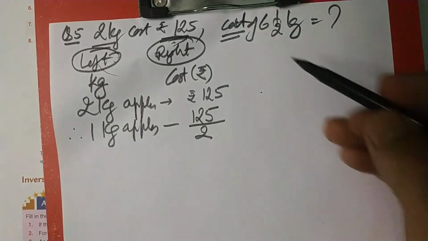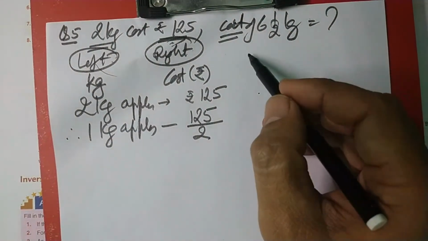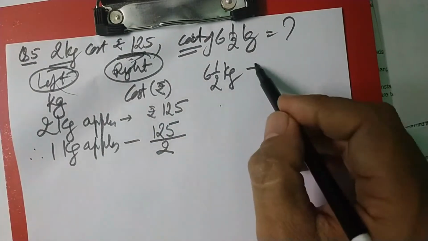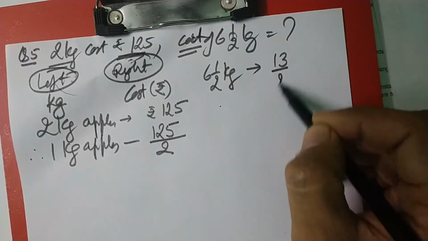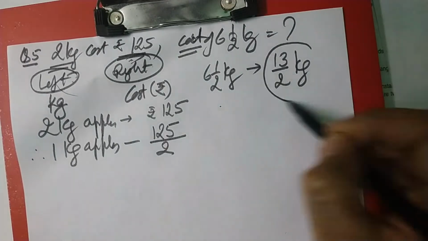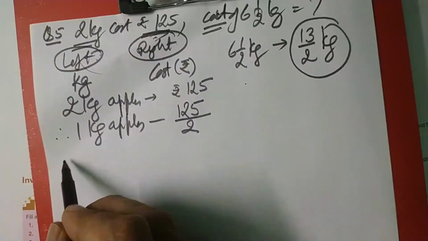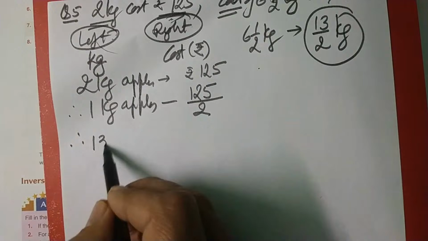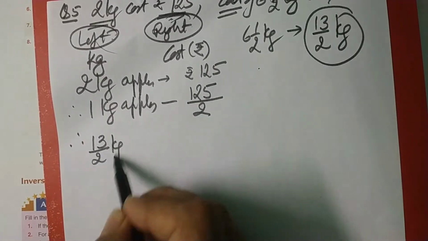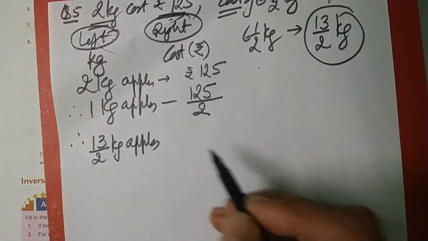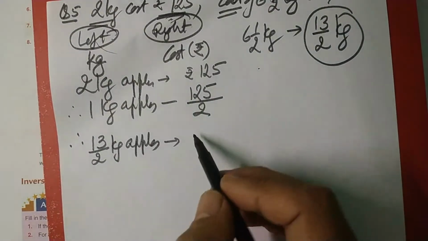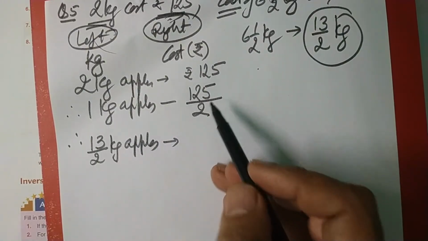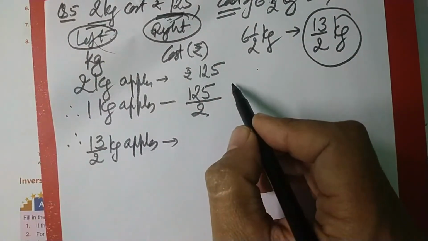But we have to find 6.5 kg. 6.5 kg means how much? 13 upon 2 kg. So this I have to find. So now I will write, if 1 kg costs this much, then 13 upon 2 kg apples will cost how much? So they will cost right side number multiplied or divided. So here did we divide? Why did I divide?